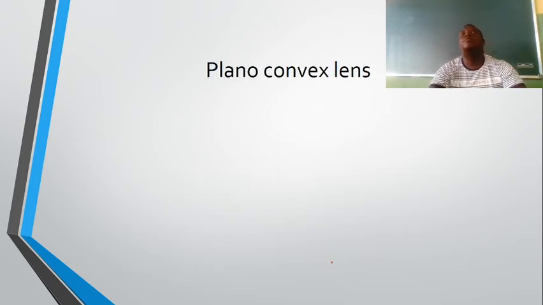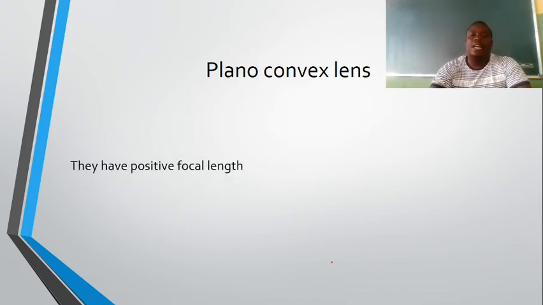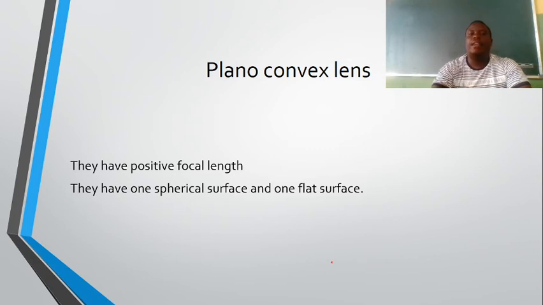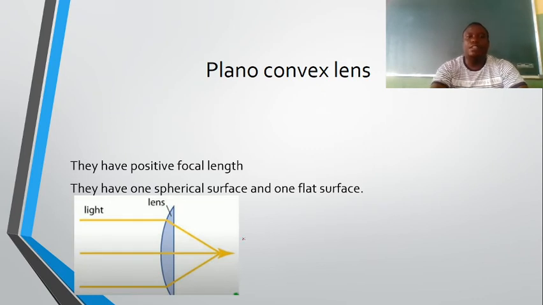Let us move to plano-convex lens. Plano-convex lenses have positive focal length. You will see on the picture, they have one spherical surface and one flat surface. Meaning that you see the focal length is placed in a positive place.